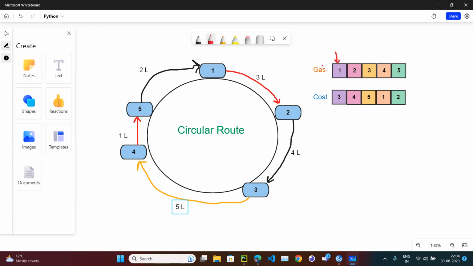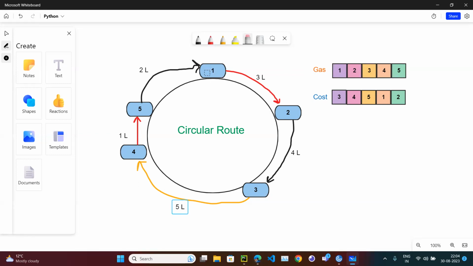Every gas station has some capacity, right? Some has 1,000 liters of gas, some has 2,000 liters. So the first station has some capacity, the first index or the zeroth index. Second station, the second index. Third station, the third index. Fourth station, fourth index. Fifth station, fifth index.